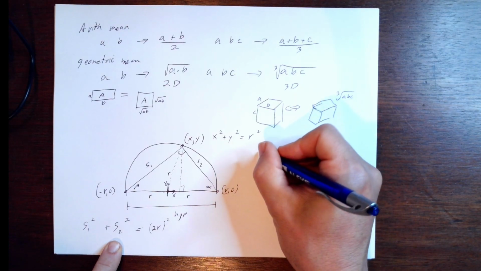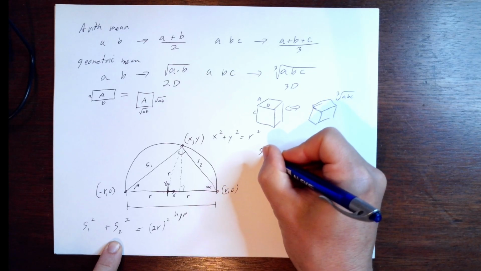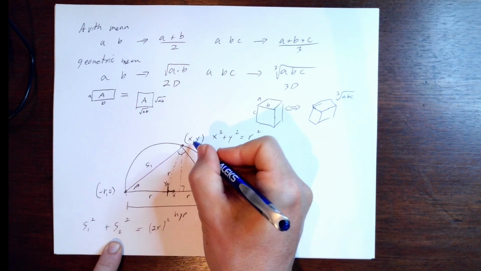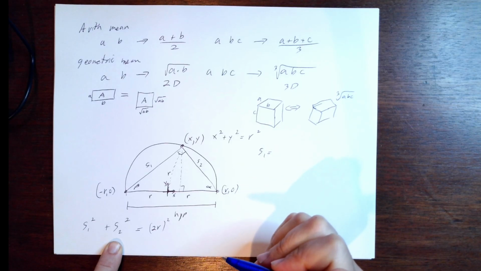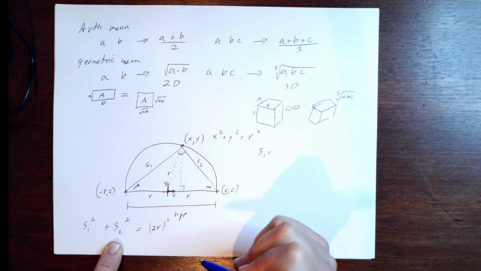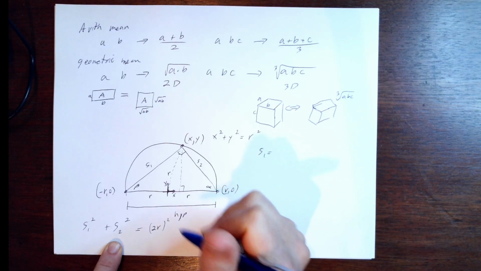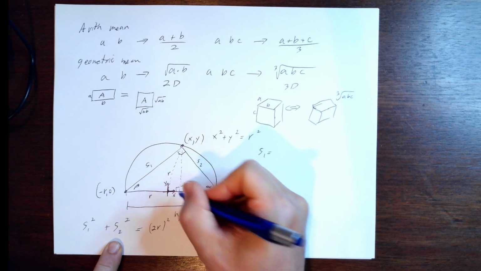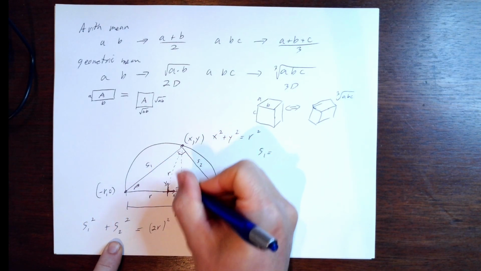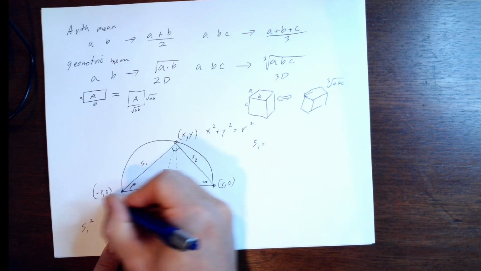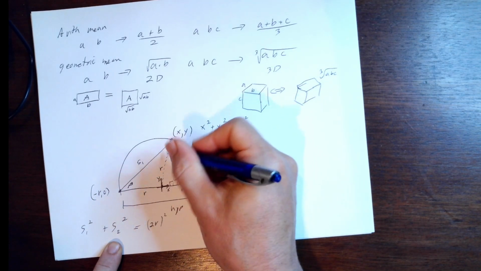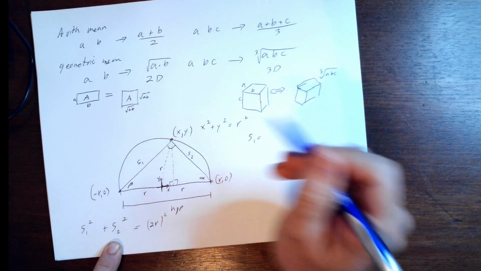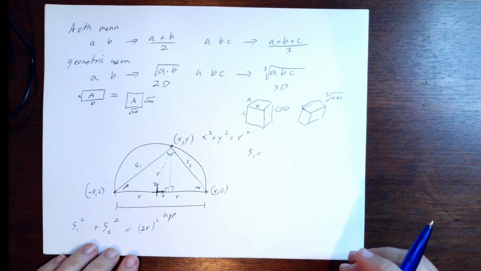S1 is this distance right here, and it itself is defined via the distance formula as a Pythagorean triangle. We're going to be taking this right angle down here, for this altitude that I dropped, and say, hey, the base of that is something, the height of that is something, and the long diagonal is something. So we can define that.